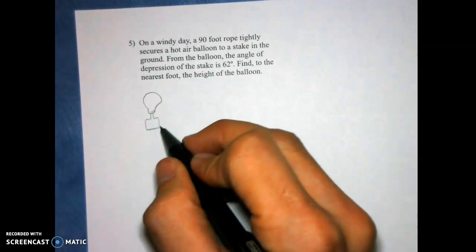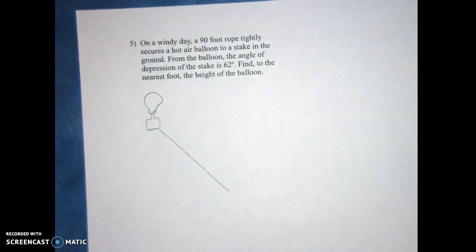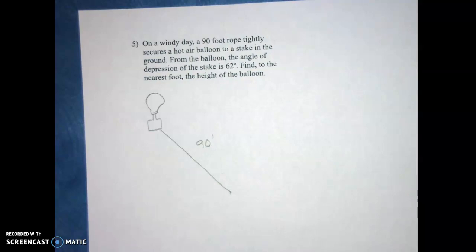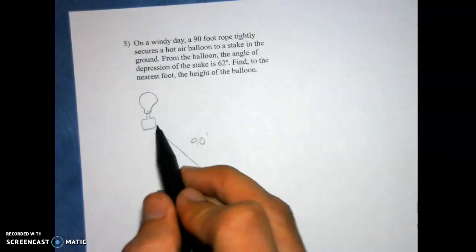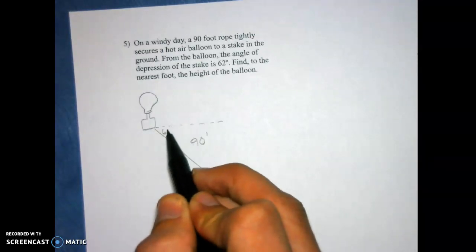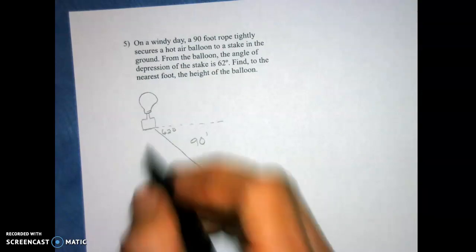Okay, so we're going to draw our line. Our stake, we'll just say is right here. And this is the 90-foot rope. And then the angle of depression right here is going to be 62 degrees. Find to the nearest foot the height of the balloon.